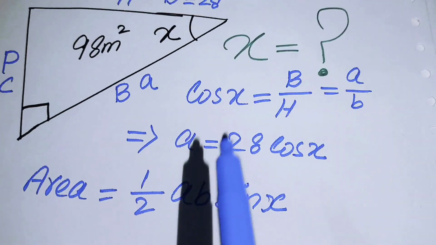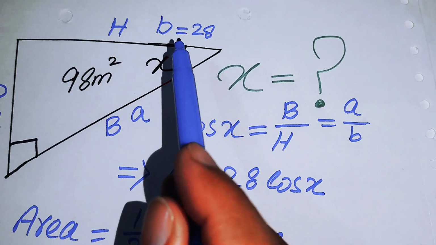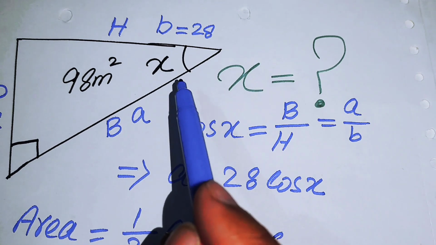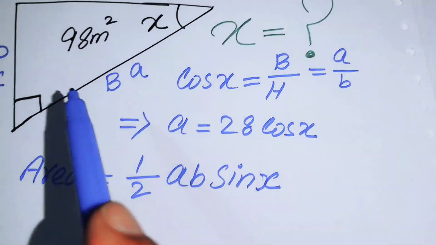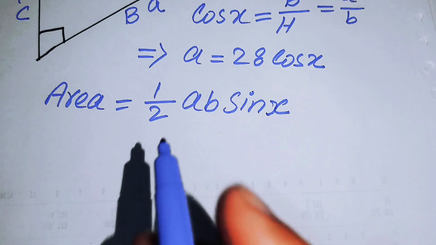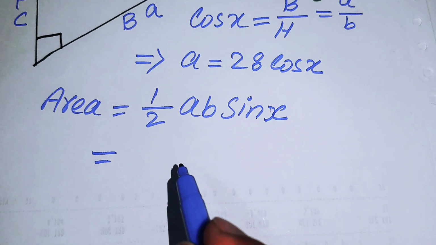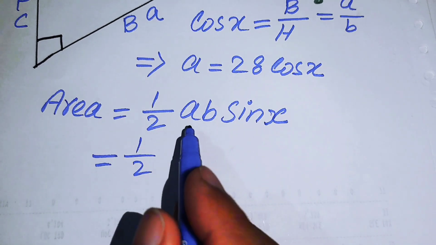So we will use this formula, where we take two sides, which are a and b, and we use the angle which is made between these two sides, so it is the angle x. So this is the nice area formula of a triangle, and here we substitute the values of a and b.